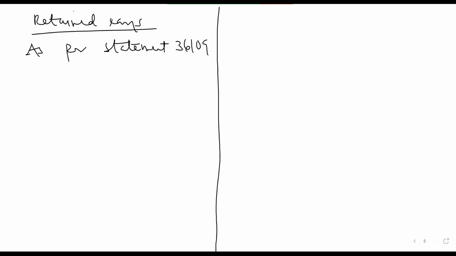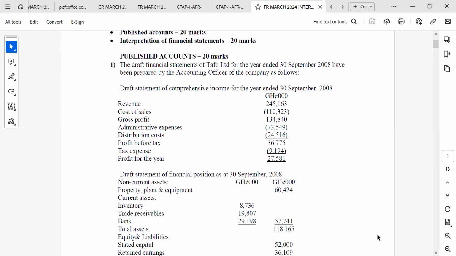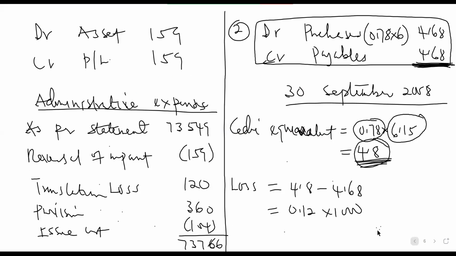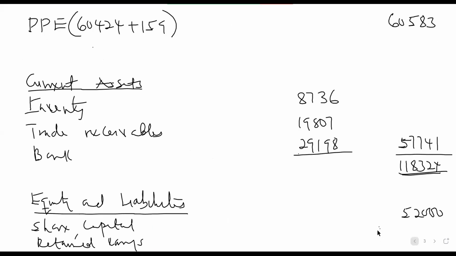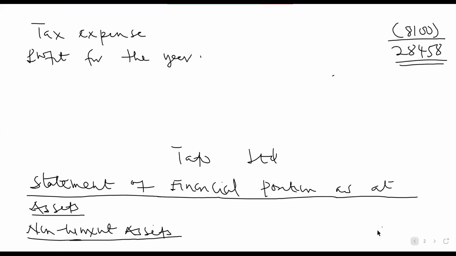The profit that was added is 27,581. Okay, but the question is, what is the actual profit for the year now? 28,458. So this is the profit that we should have added, isn't it? Yes, sir. Then now find the difference.